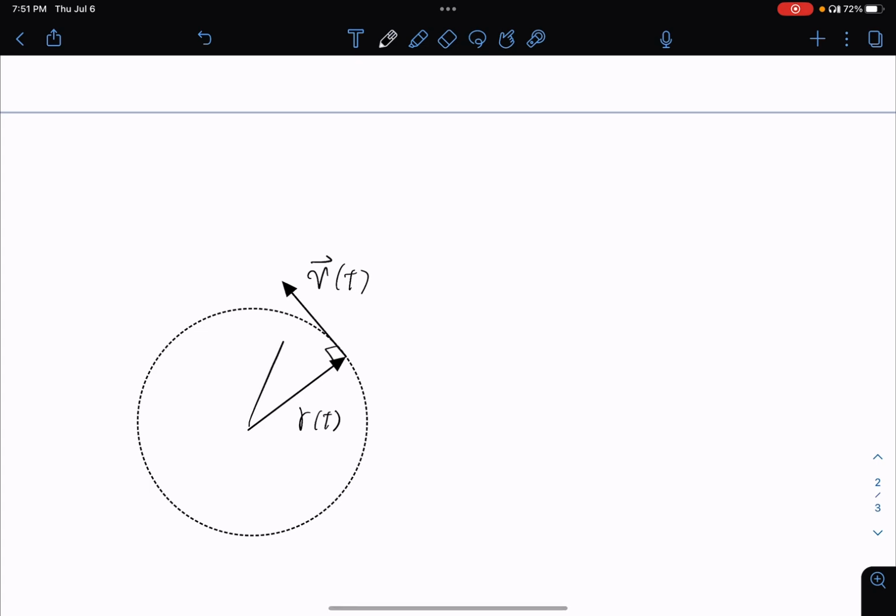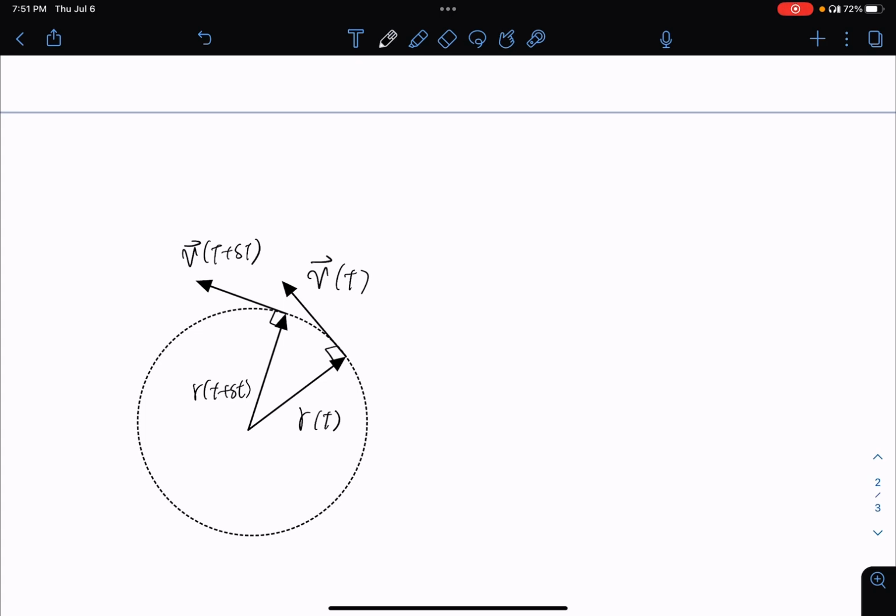At a later time, it will go to another position. Let's say this is r at t plus delta t, and then it will also get a different velocity because the direction of velocity is changing, but the speed, which is the magnitude of the velocity, will be the same. So here is going to be v at t plus delta t.